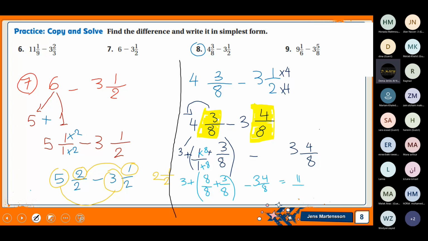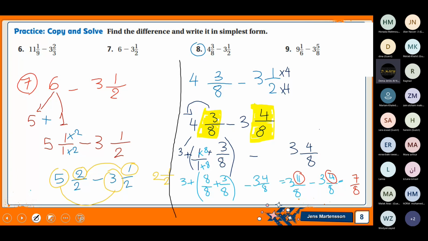11 over 8, and 3 minus 3 and 4 over 8. Now, what do you have to do next? We have to minus 11 and 4, which is 7. 7 over 8.